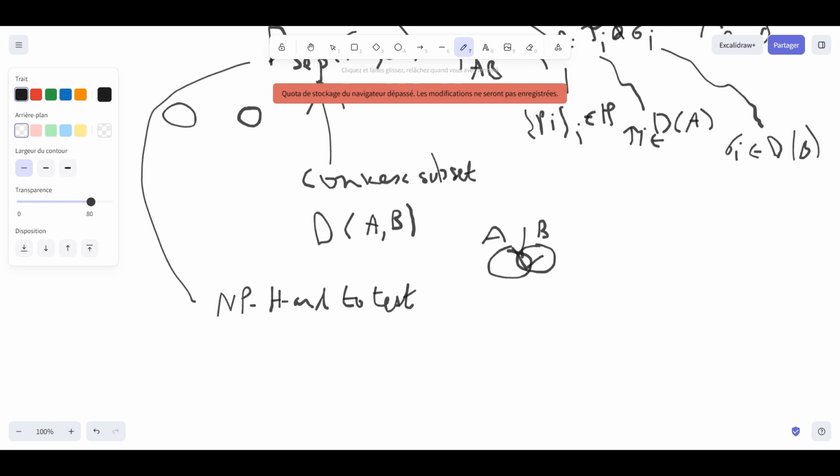So it's really hard to compute something about it, even though it's a convex optimization problem.